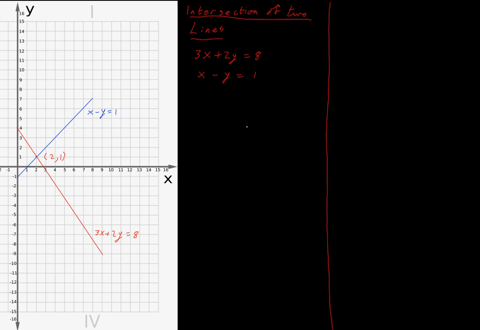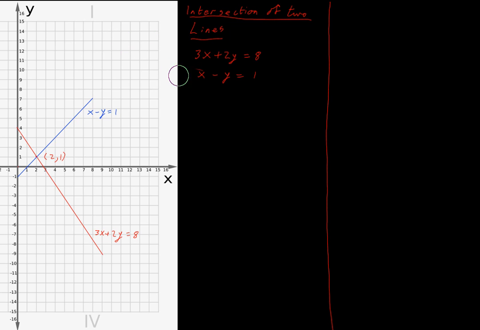If I added those two equations together right now, I would end up with 4x plus 1y is equal to 9. That's still an equation that has two letters in it, which isn't what I want. So I'm going to need to modify these equations in some way so that when I add them together, one of my letters is going to add to 0.